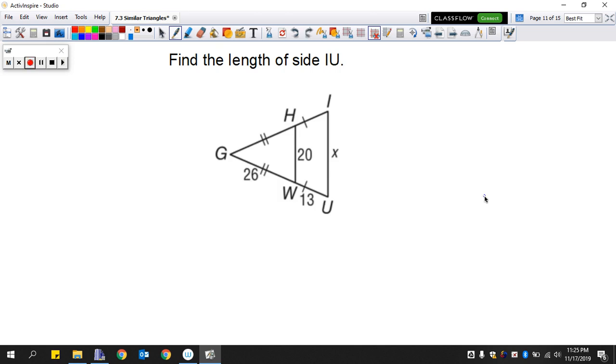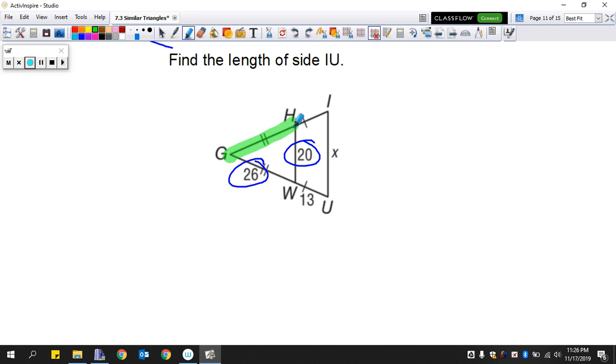All right, find the length of side IU. All right, we can see several different things here. Okay, we have sides that are proportional. So if we have 26 and 20 on this first one, that's the first triangle, this triangle right here.